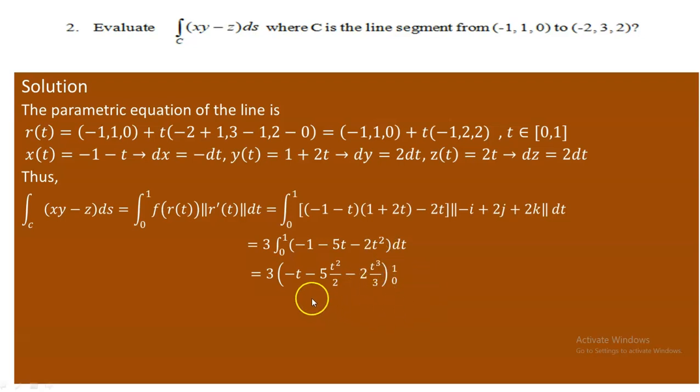Then we need to put 1 in place of t. So as you are substituting 1 in place of t, you will obtain this value. And the final output now comes to be negative 25 over 2. Thus, when you evaluate this like this, you will obtain the final output to be negative 25 over 2.